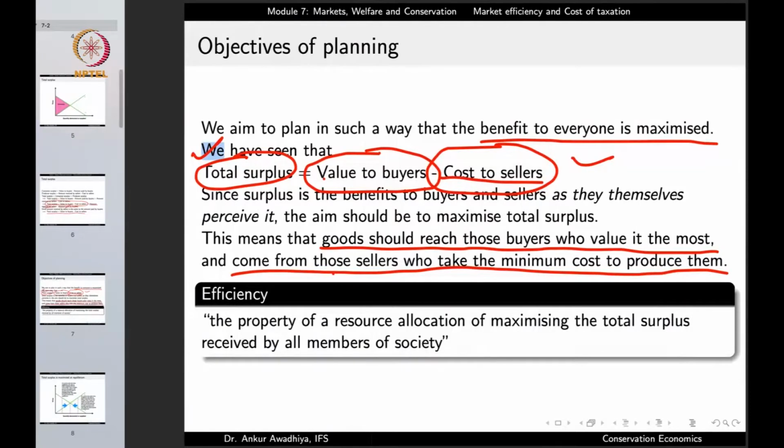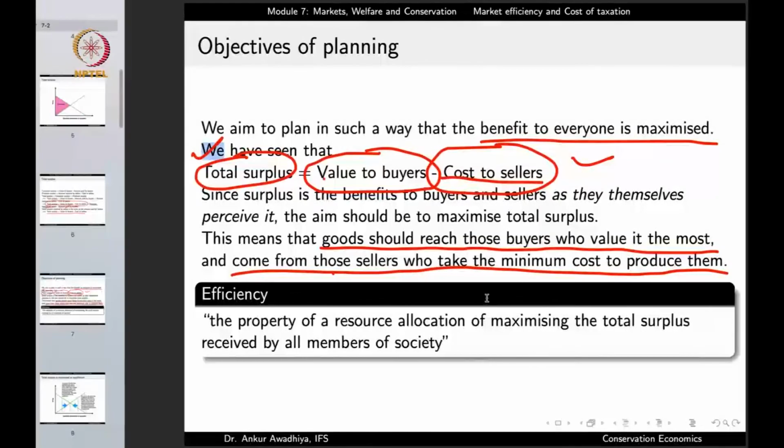And this brings us to the point of efficiency. Efficiency is the property of a resource allocation of maximizing the total surplus that is received by all members of the society. So we will say that the market is working efficiently when it is allocating resources in such a manner that the total surplus is maximum.